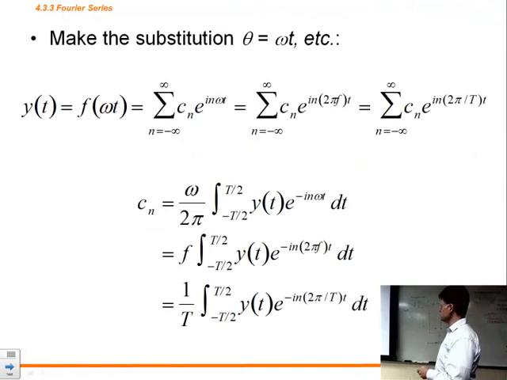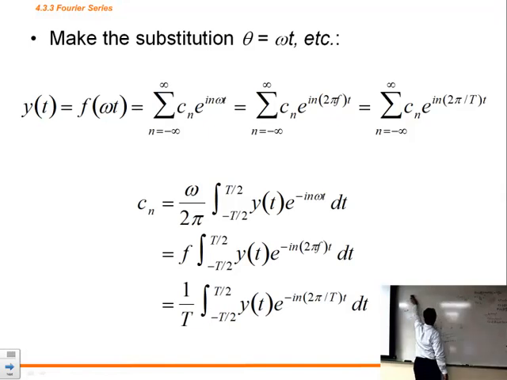I will do something. I will actually do the square wave. So we know the traditional form for the square wave, right? It's that triangle wave.